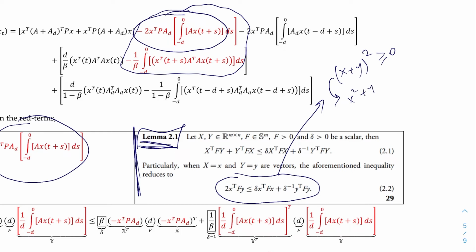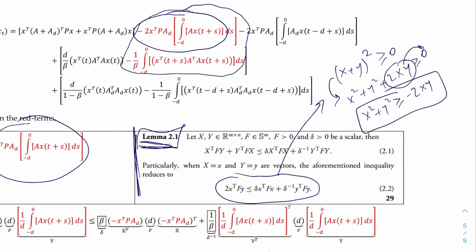Let's expand that: x squared plus y squared plus 2xy is greater than or equal to 0. Let's carry that over, and x squared plus y squared is greater than or equal to 2xy. And this is the scalar version of that expression.